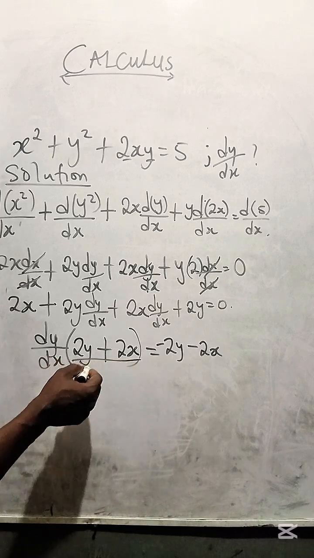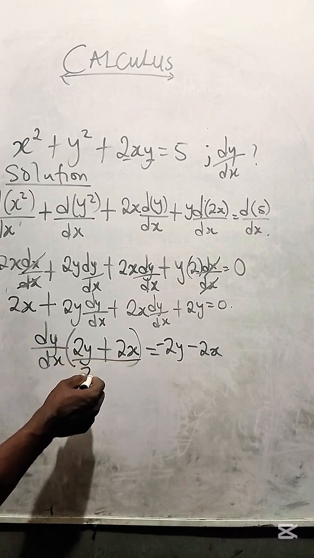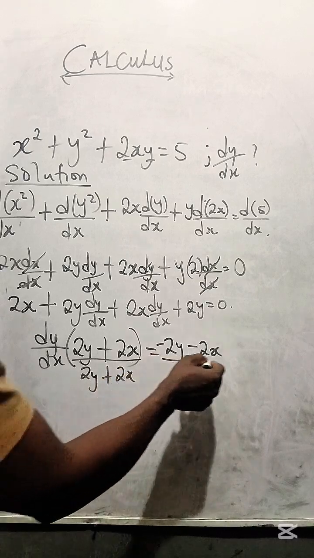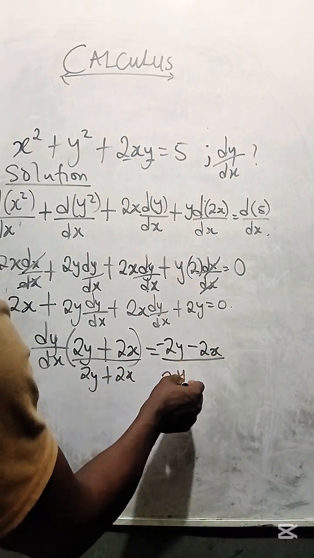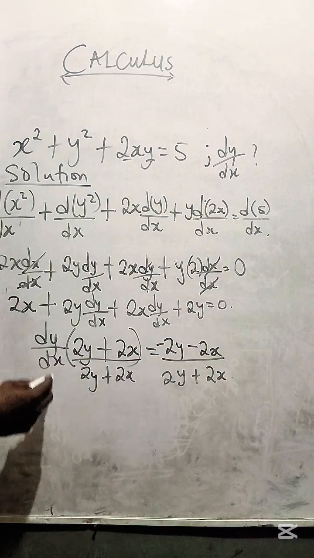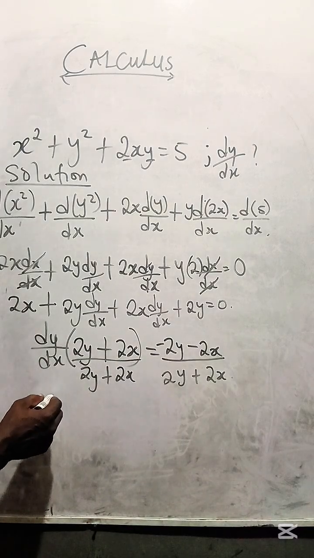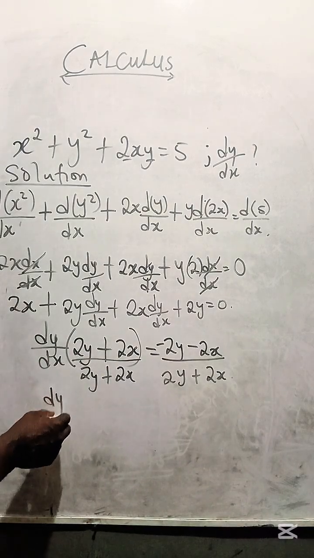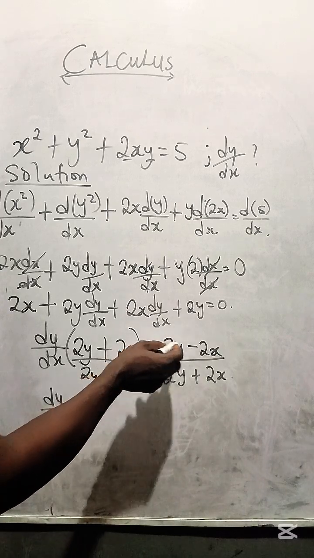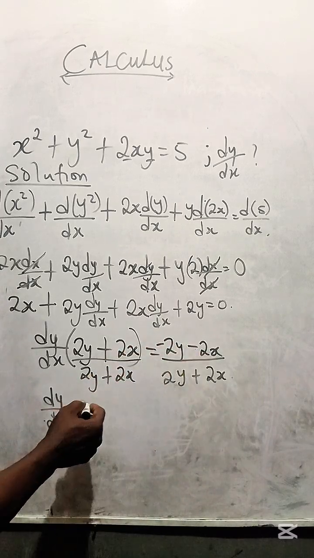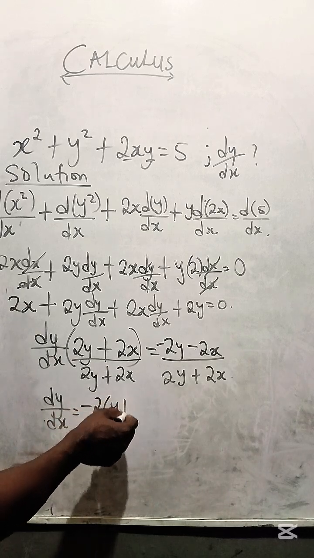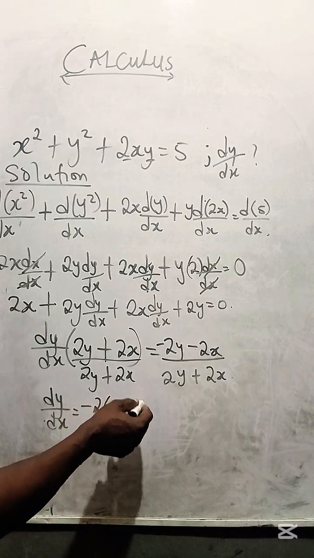So we divide both sides by the coefficient of dy/dx, so that we'll be able to have dy/dx equal to minus 2 common, we bring it back, minus 2 into y plus x.